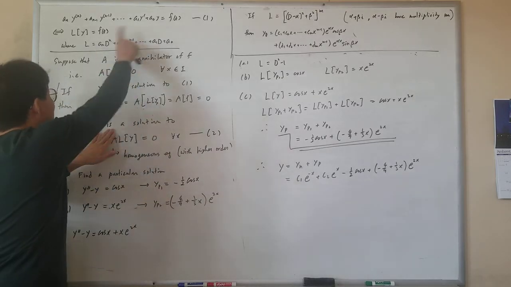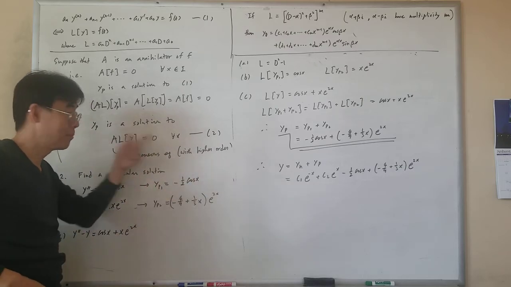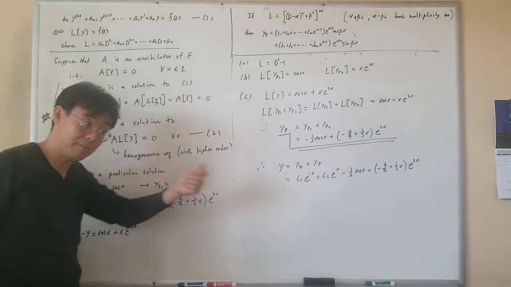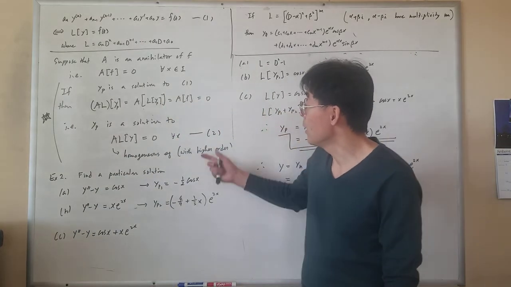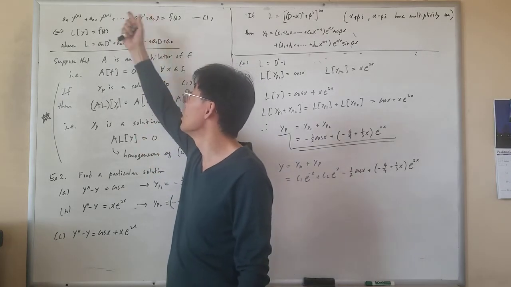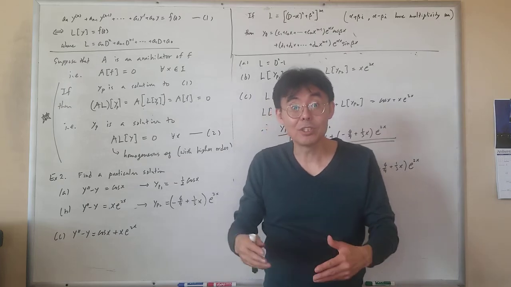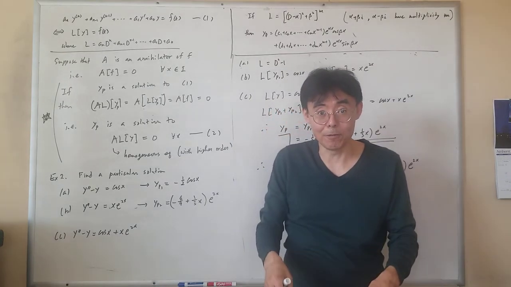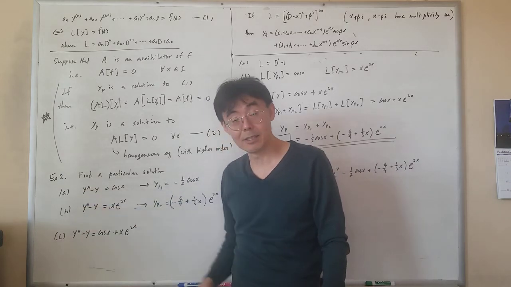So the general solution of the homogeneous equation, take it out. The remaining will be a form of particular solution, but that involves some arbitrary constants. And then you put that form of particular solution into the original equation, and match the coefficients to determine those undetermined coefficients. That's what we did in here and here.